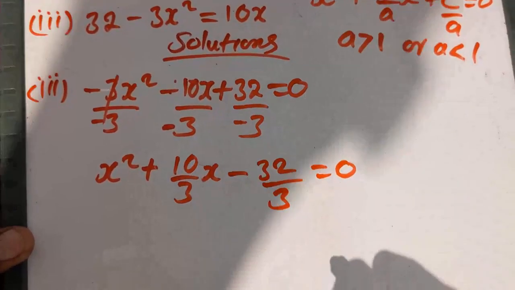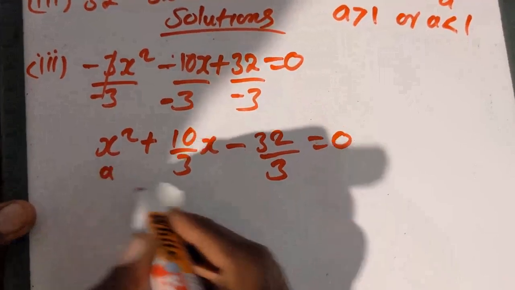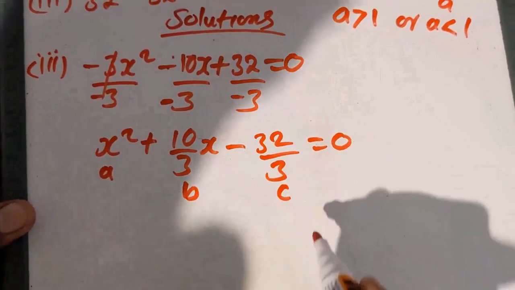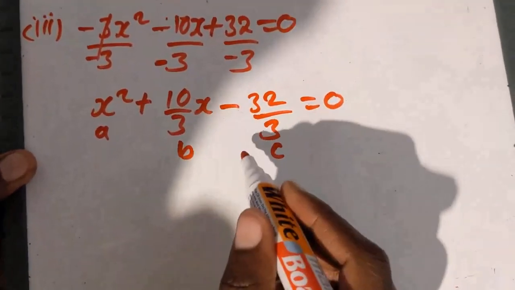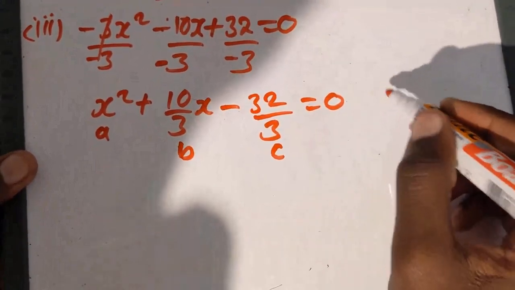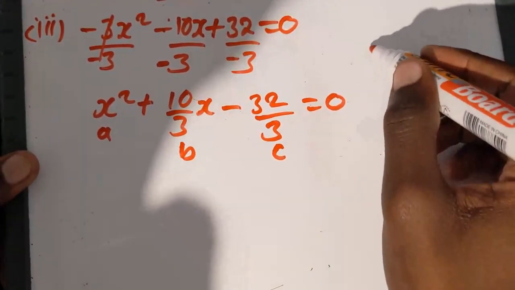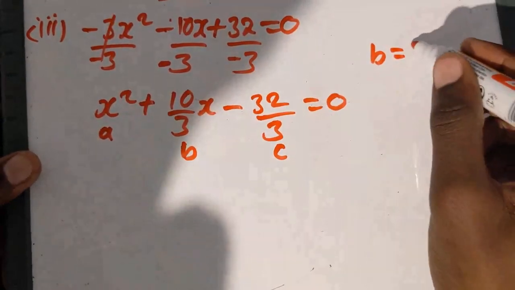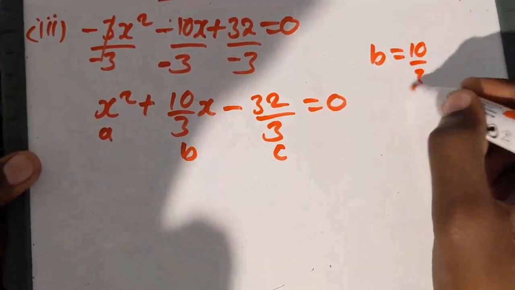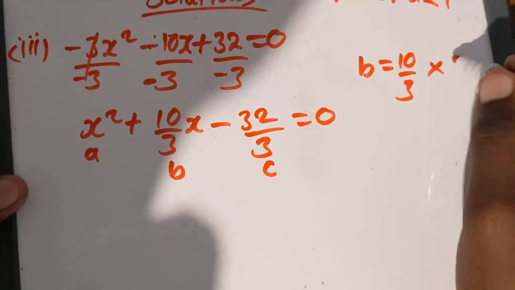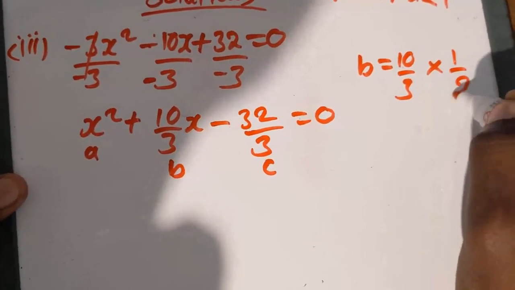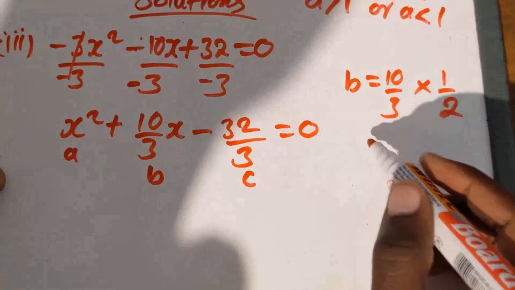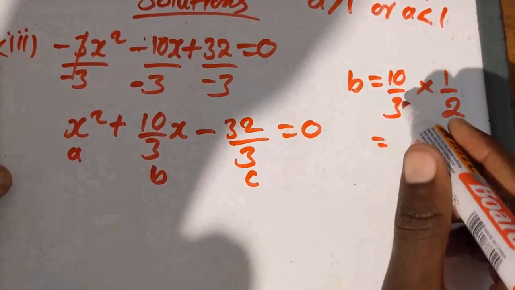So this is what you're going to use. This is your A, this is your B, this is your C. Okay, so what is half of B? Our B is what? Is 10 over 3. So multiplied by 1 over 2, that is what half of B is. So half of B, it is going to be what?